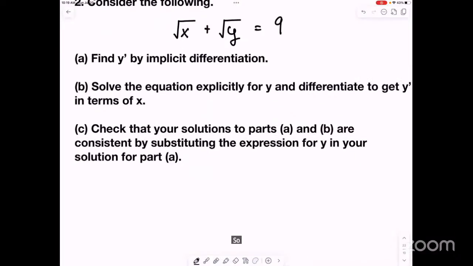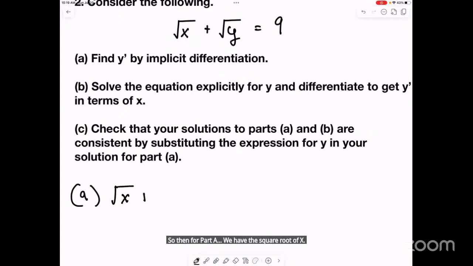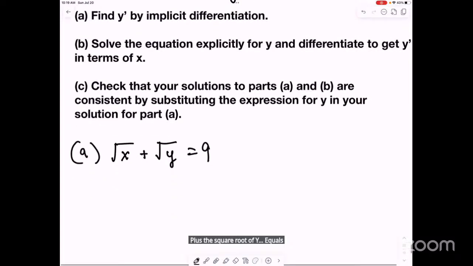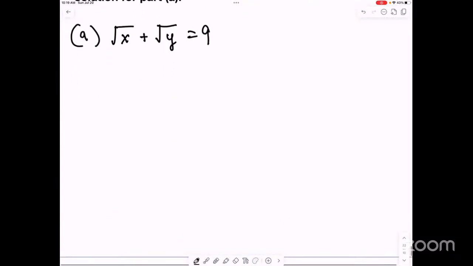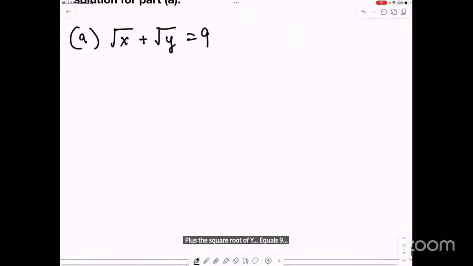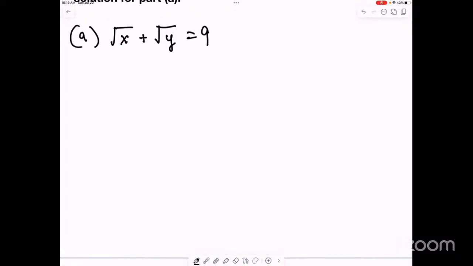So then for part A, we have the square root of x plus the square root of y equals 9. So remember, the square root of x is the same as x to the power of a half.